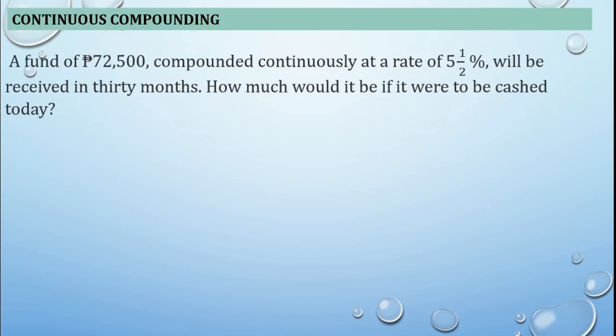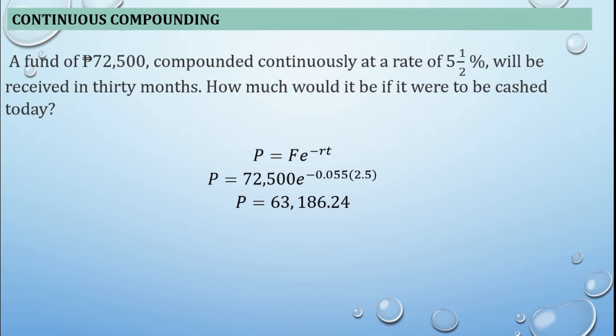For the next example, a fund of 72,500 compounded continuously at a rate of 5.5% will be received in 30 months. How much would it be if it were to be cashed in today? Using the formula, the present value is equal to F times e raised to negative RT.